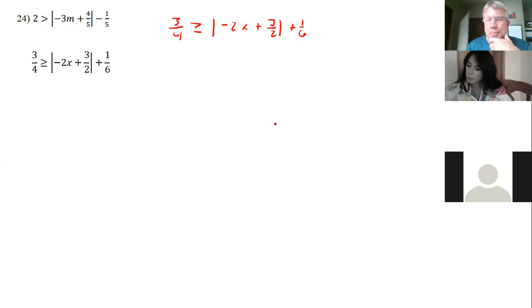All right, so absolute value problems, the idea is before you do anything, you want to get the absolute value completely and utterly isolated. So I can probably subtract the 1/6 from both sides.